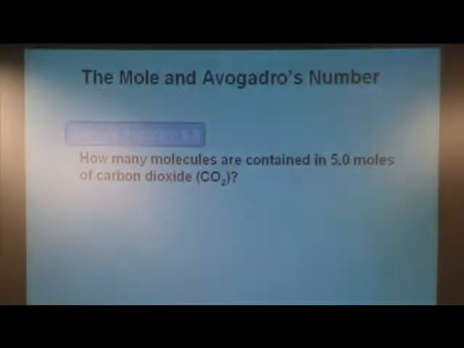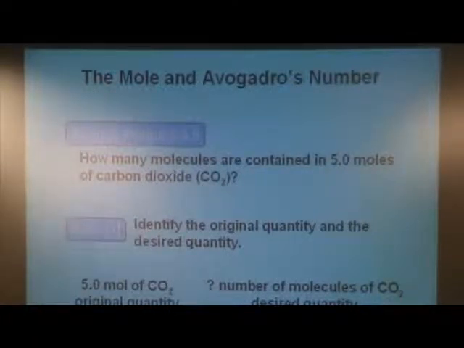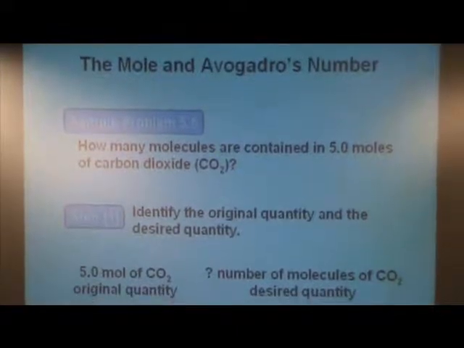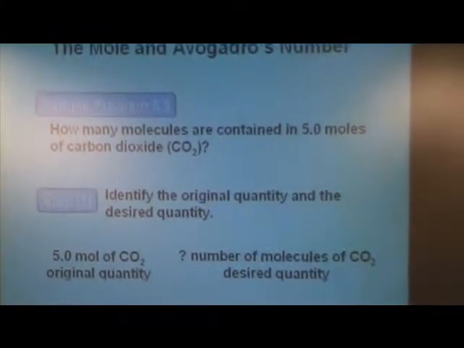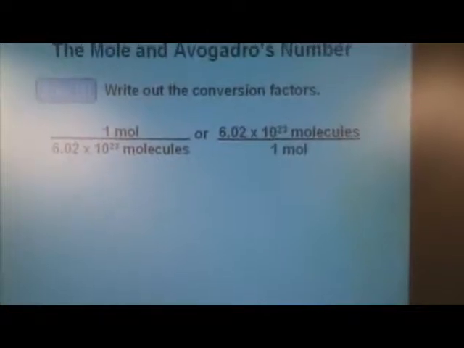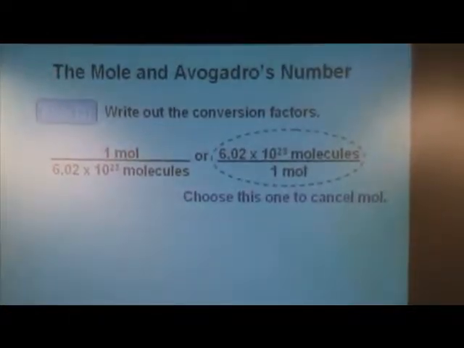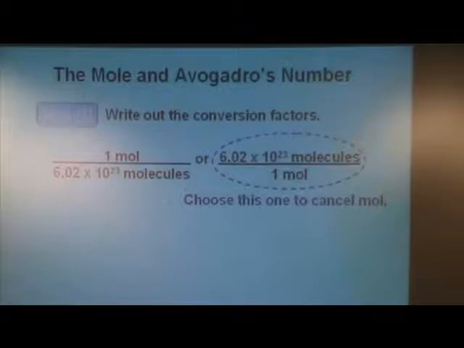The question is 1 mole of carbon dioxide equals 6.02 times 10 to the power of 23, right? As far as it's 1 mole. If you have 5 moles, then 5 times 6.02 times 10 to the power of 23. So we have 2 choices.